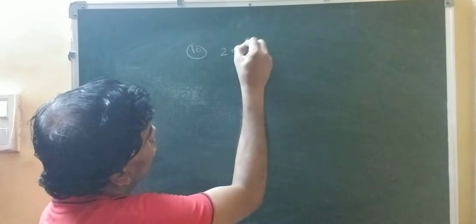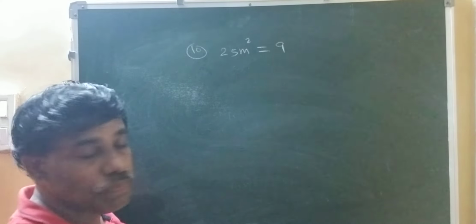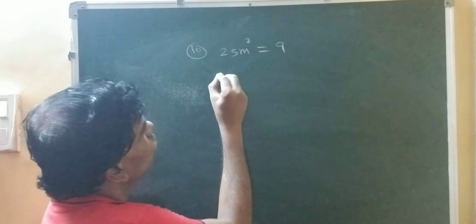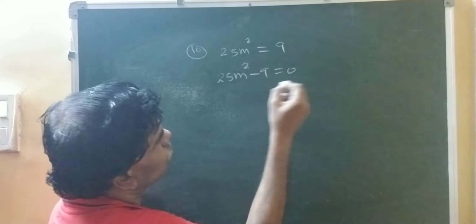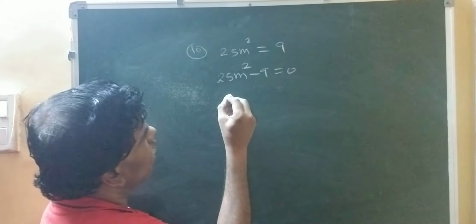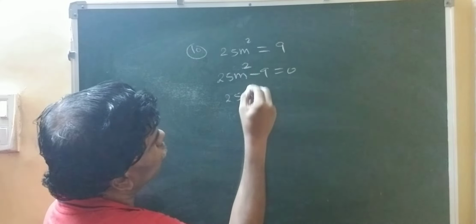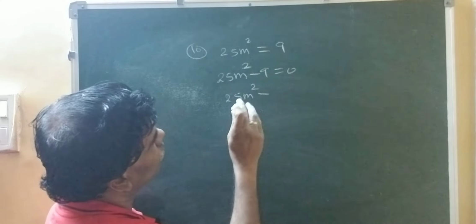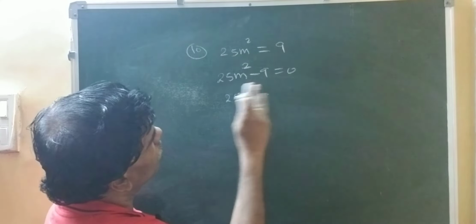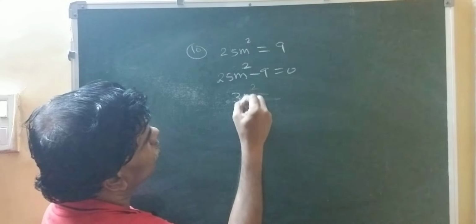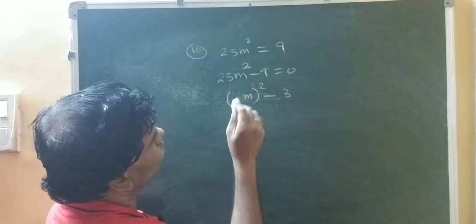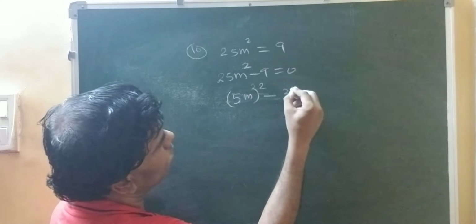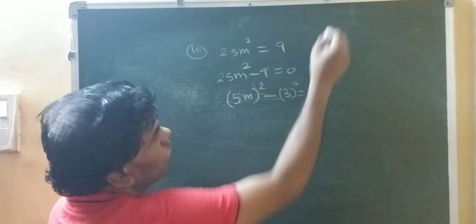25m square is equal to 9. Now 25m square minus 9 equal to 0. This you can write as 5m the whole square minus 3 the whole square.